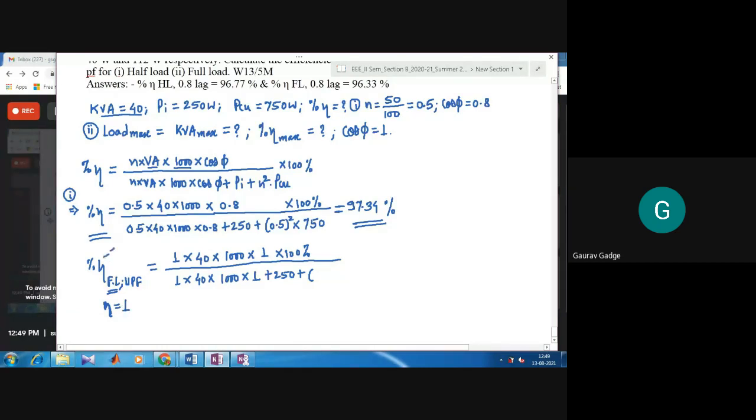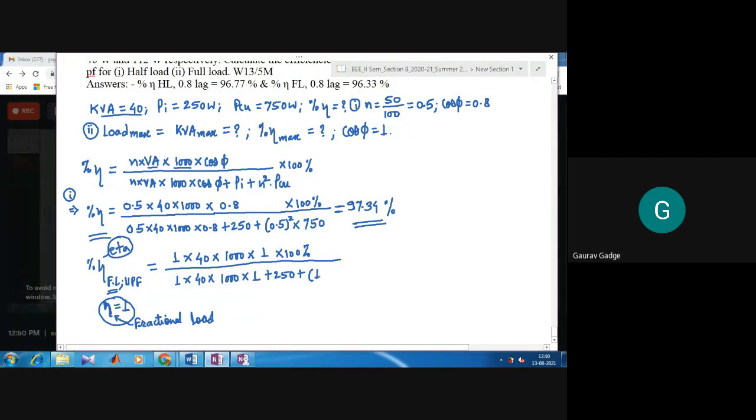This is eta, and N is the fractional load, as given in the derivation. So N square is 1 square multiplied by 750.